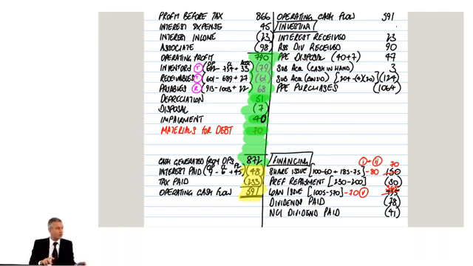And the cash flow statement balances. What's the chances of that happening in the exam? Absolute zero. But it did in the classroom. There you go. What a wonderful question.